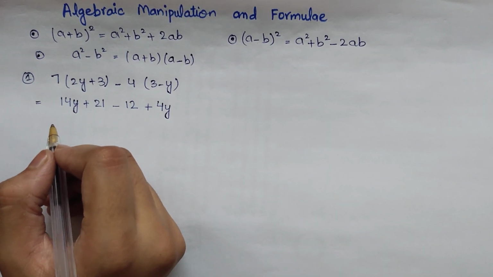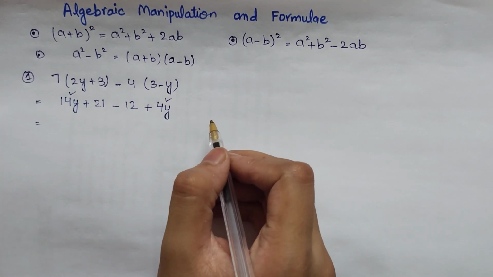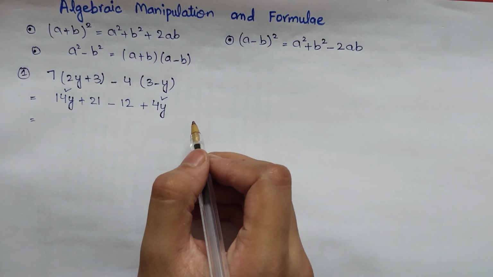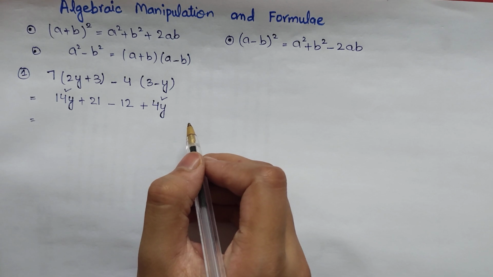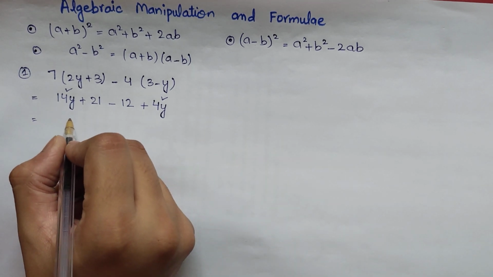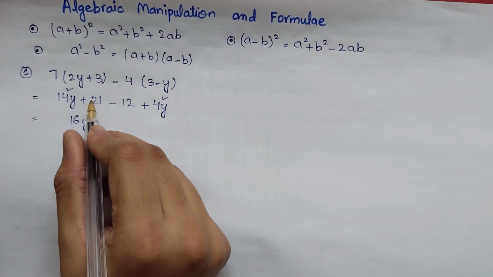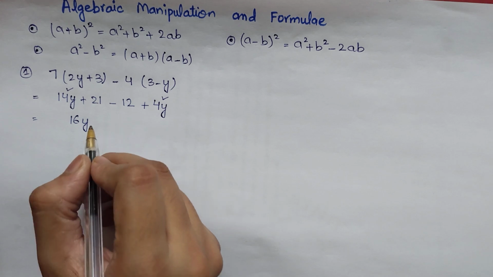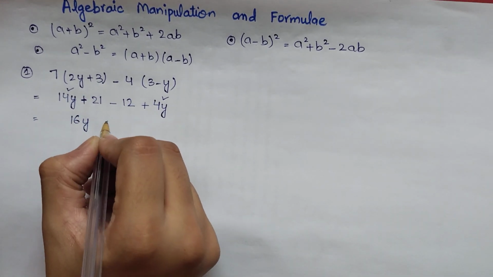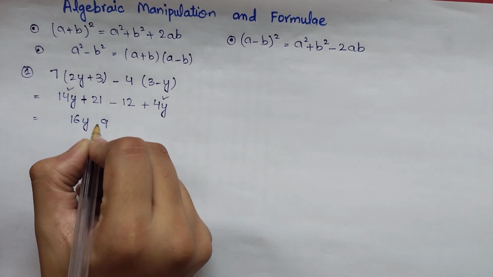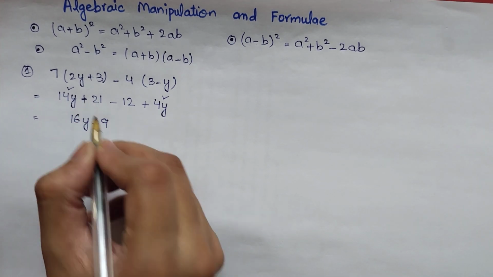Now simplify it further. You see here it is 14y and here it is 4y. Both have the same variable, so you can simply add them. 14 plus 4 becomes 18y, and 12 and 21 both are constants, so 21 minus 12 becomes 9, and we use the sign of the greater value, so here we use plus because 21 has the plus sign.